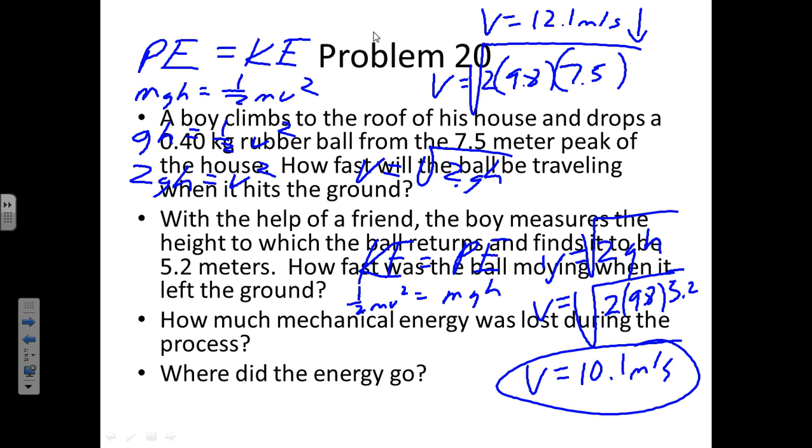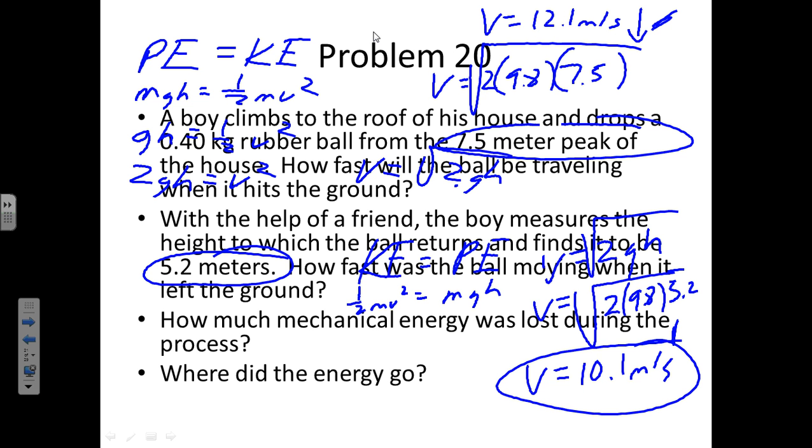How much mechanical energy was lost? Mechanical is just potential and kinetic put together, right? So it'd probably be easier if we just calculated, we could calculate the kinetic here and the kinetic here and just subtract them. But it might be easier just to calculate the potential here and the potential here.